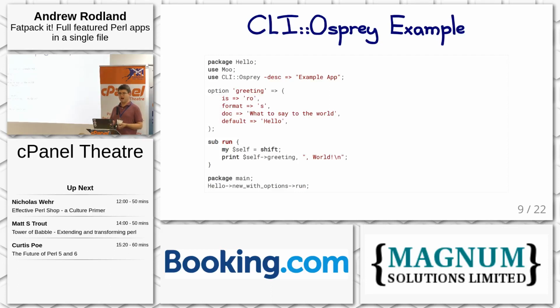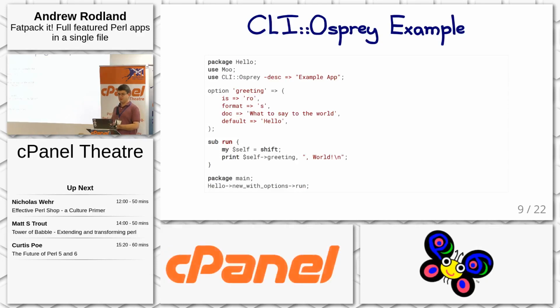If you declare an option that is an attribute on your object that will get instantiated from the command line, you can use anything that attributes can do, as well as a couple other things. You can provide documentation, etc.